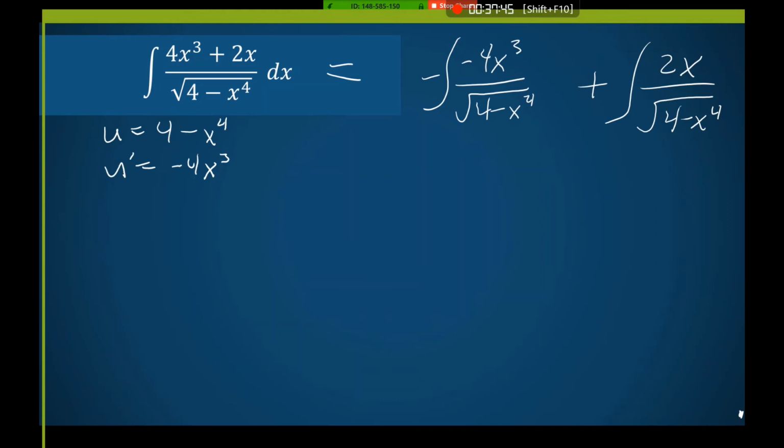Right now my power on top is 1, my power on bottom is 4. If I divide 4 by 2, I get 2, and then subtract 1, I get 1. If you can divide the bottom power by 2 and subtract 1 and get your top power, that's our clue that we need to use an inverse trigonometric function. Inverse trigonometric functions always have 1 less than half the power on bottom.